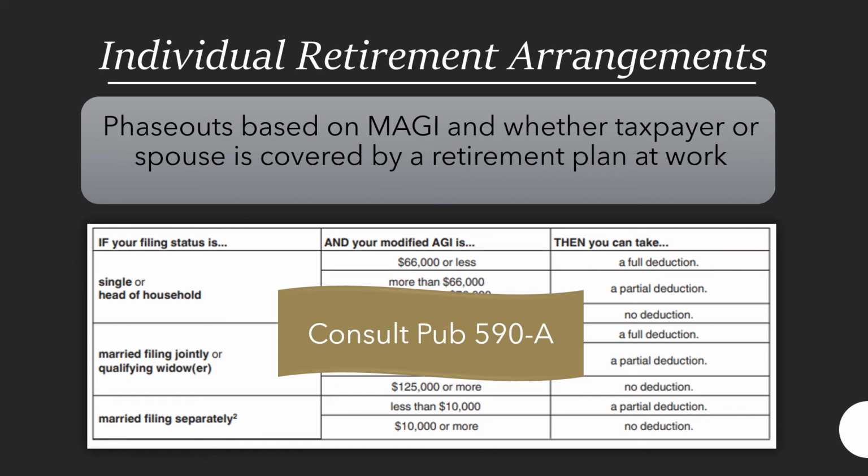It is not the only table associated with this. Generally speaking, for the type of clients that we're going to be seeing, we're not going to be seeing a lot of phase-outs, but just so that you know, if we have taxpayers who are covered by a retirement plan at work, it's possible that there could be limits to the amount of deduction they could take.